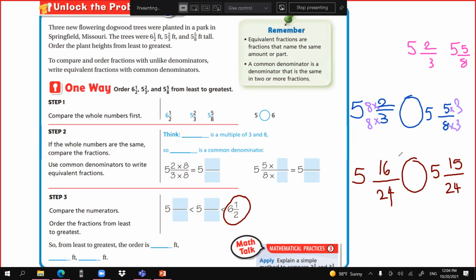Now, what is greater here? 16/24 or 15/24? 16. Yes, bravo. So this one will be the second one. And this one will be the smallest.